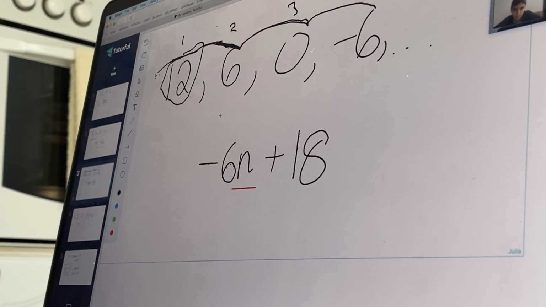Plus 18. Perfect. So if we actually work that out, we can see what's going on. We'll do minus 6 times 1 plus 18 equals 12. Now 6 times 2 is 12.